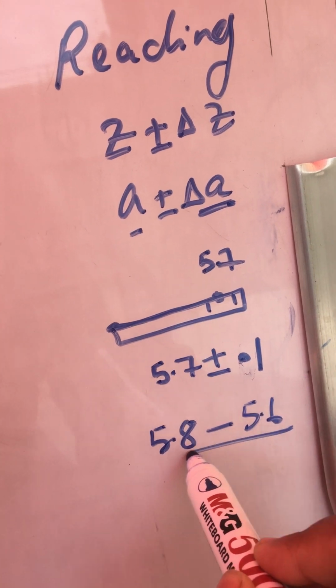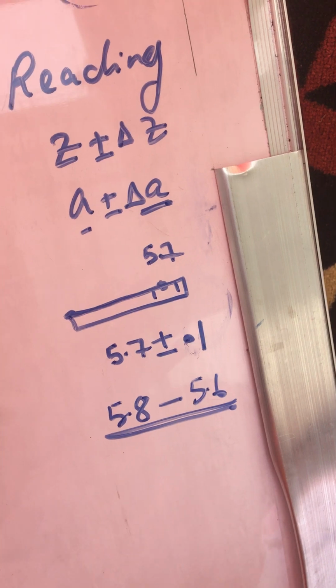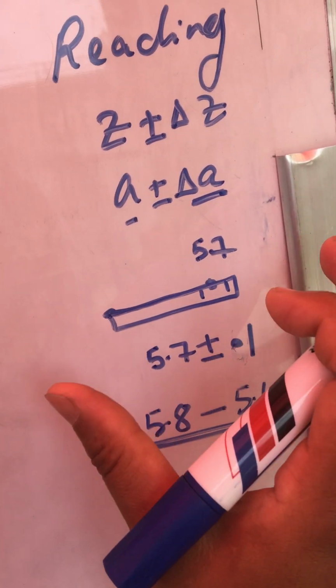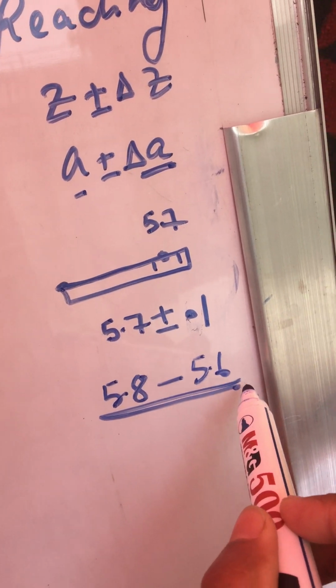That means the real value of your experiment, which you measured as 5.7 using a centimeter scale, is between 5.6 and 5.8.